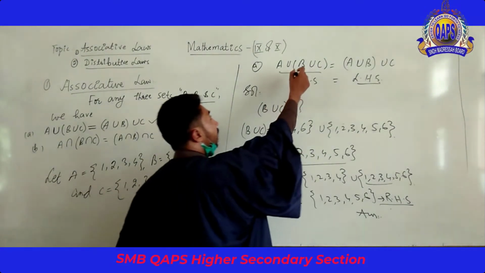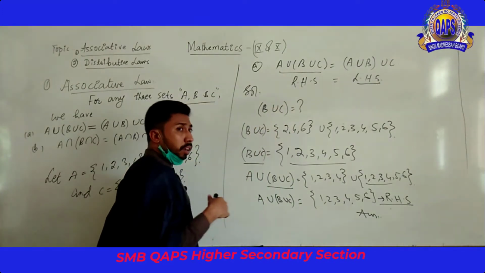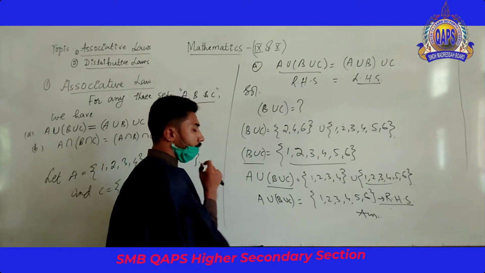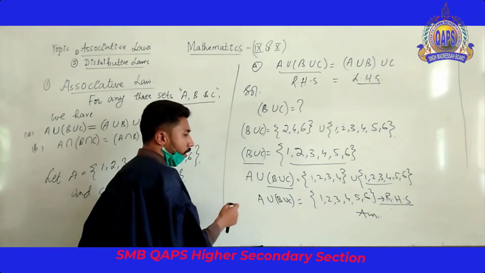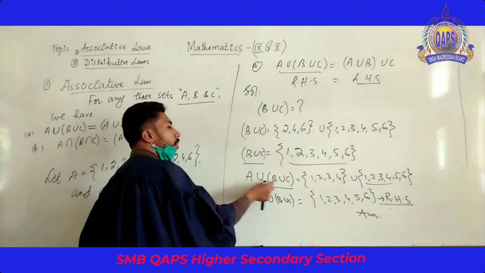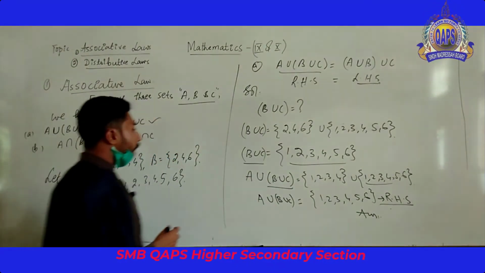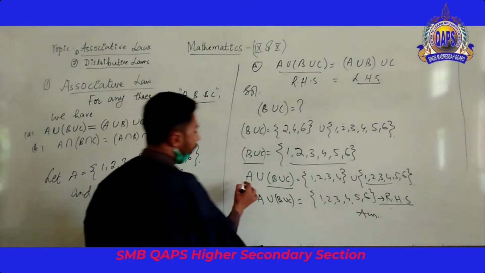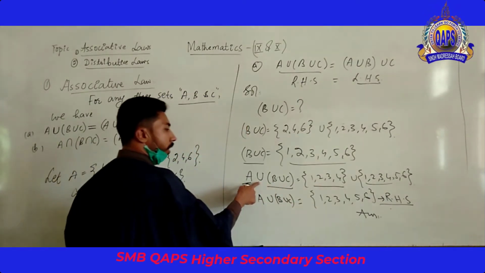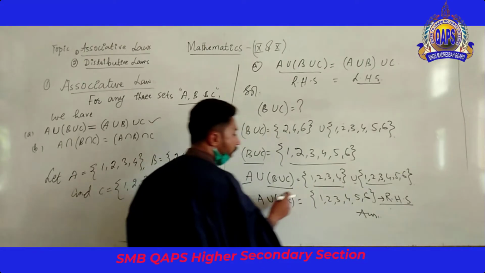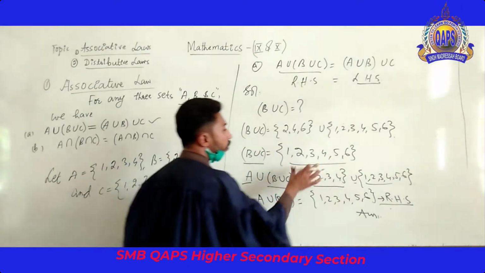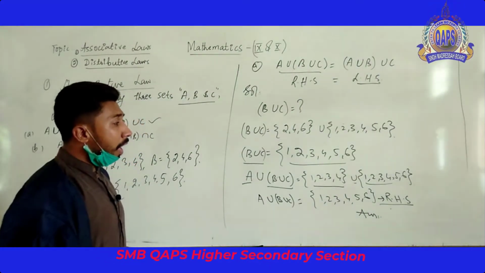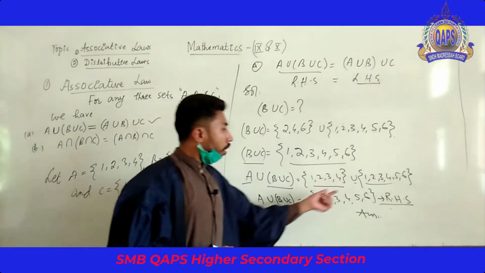Now when the bracket is solved, then we find A union B union C. Here A contains 4 elements, 1 to 4, then the union is put here, and B union C contains 1 to 6 elements, which we put here. After that we solve the union.